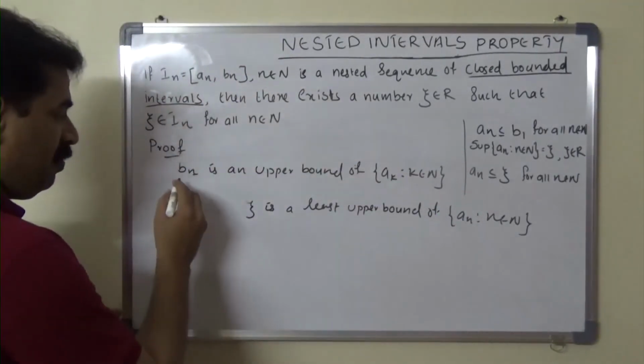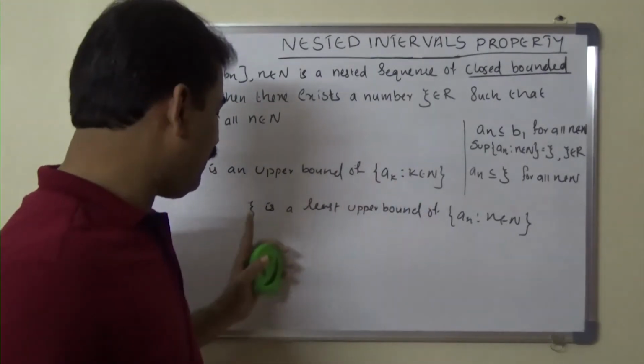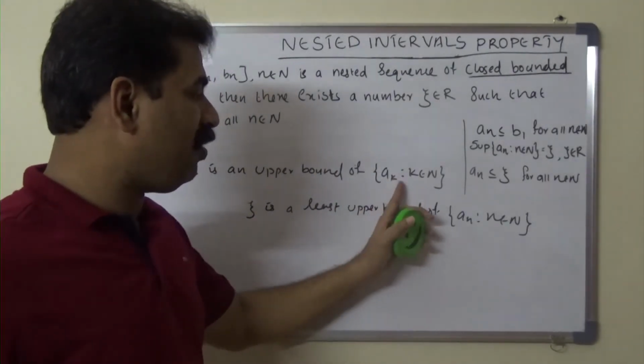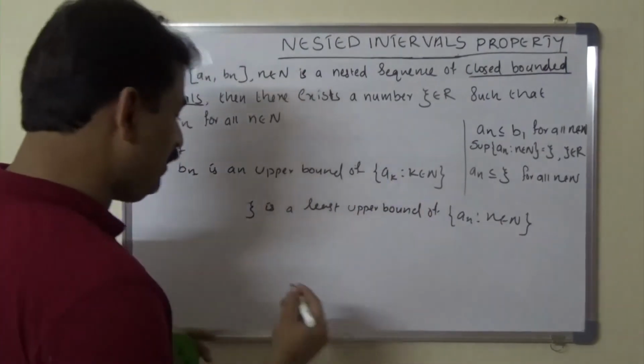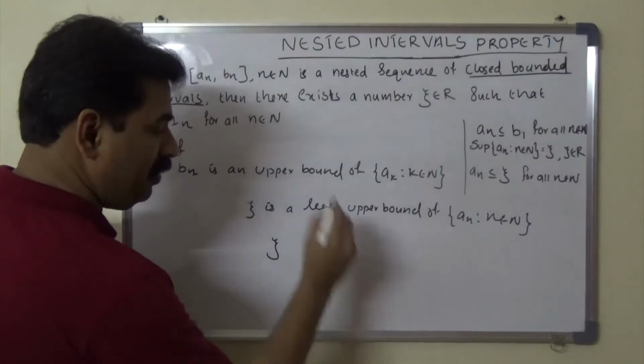So B_n is an upper bound of this collection and Xi is the least upper bound of this collection. So what is the relation between Xi and B_n?